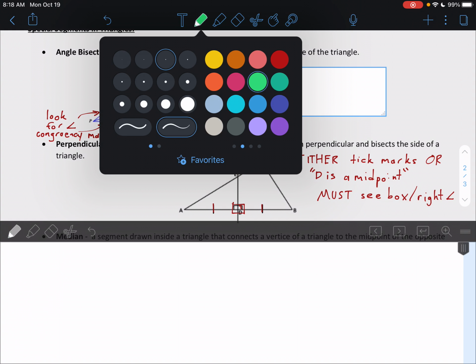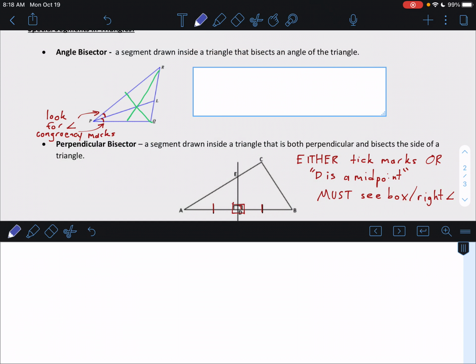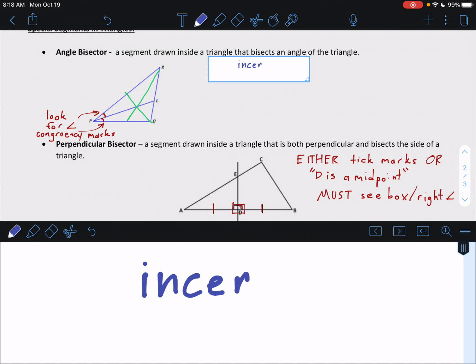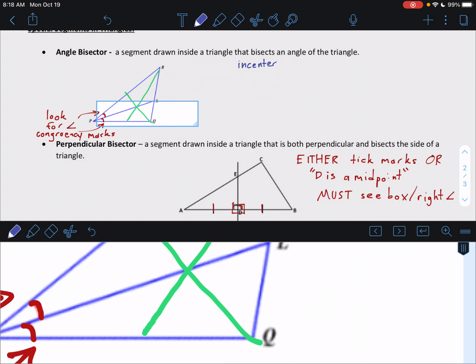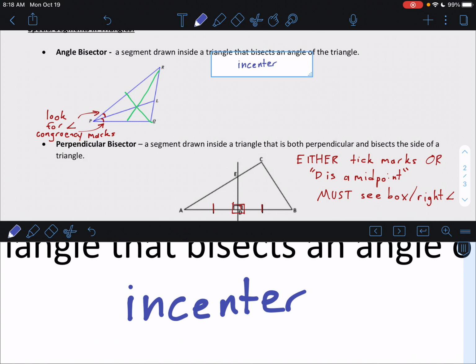Angle bisectors are going to meet at what is called an incenter. So if you draw all 3 angle bisectors on a triangle, they will all meet at the incenter.